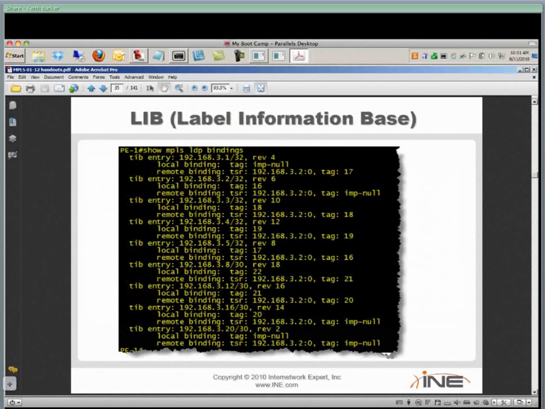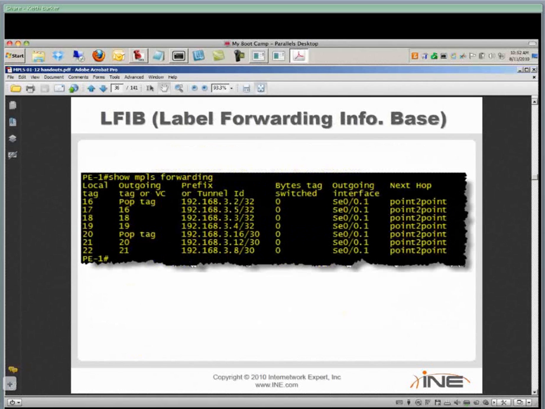Here's the label information base, again as a review. So that has all the labels, good and bad. Implicit null is, if somebody is advertising an implicit null to us, that means that they want us to pull that top label off, and we'll be happy to do it for them. So if we're forwarding and we've been told by a neighbor implicit null, we're going to pop off that top label and hand it over to them.